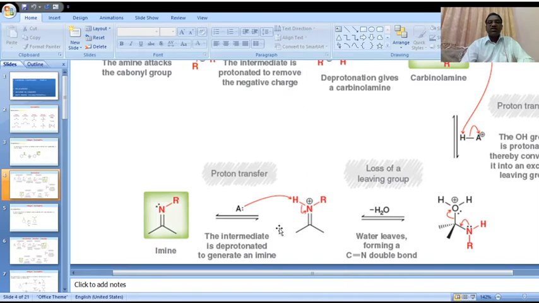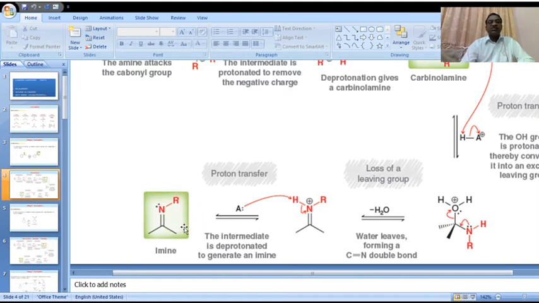Okay, this is another intermediate. The intermediate is deprotonated. Here another proton is lost from the intermediate. Another proton is deprotonated to generate an imine.